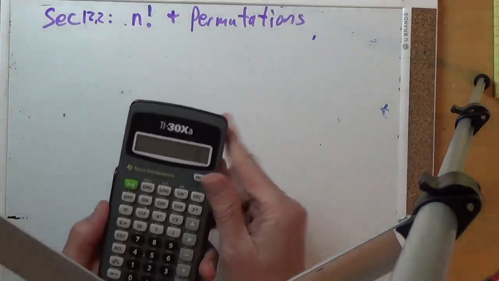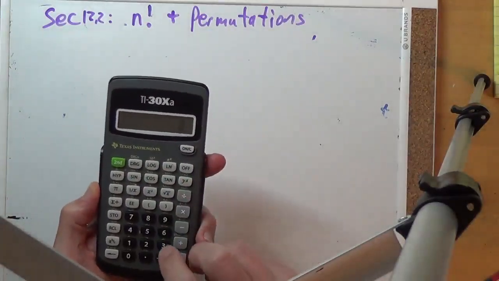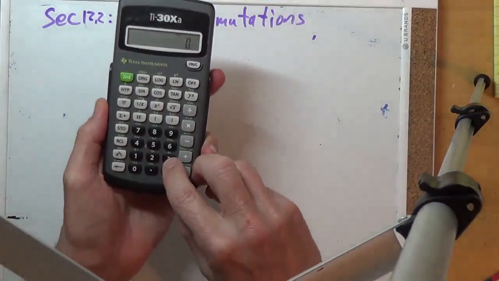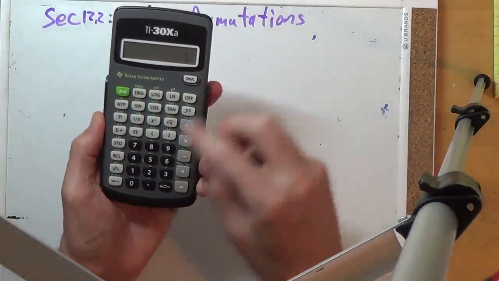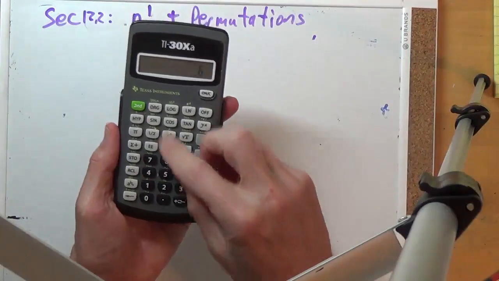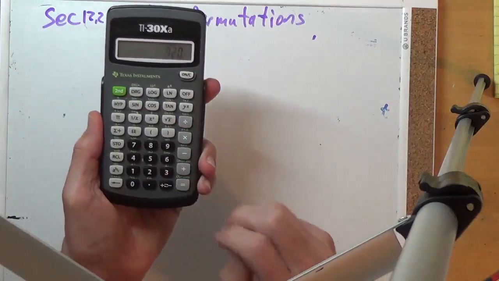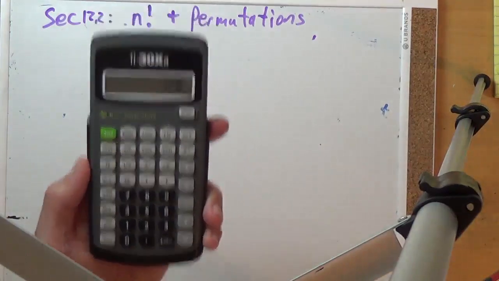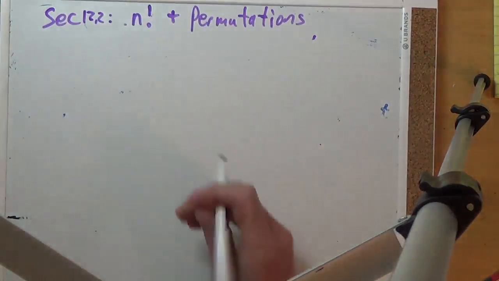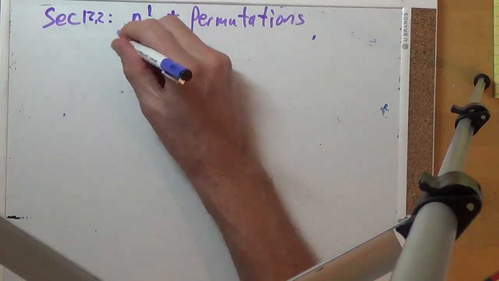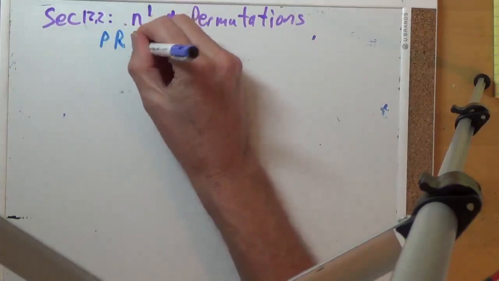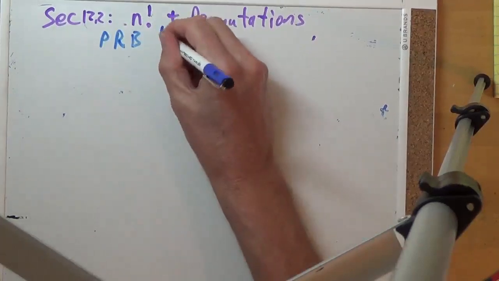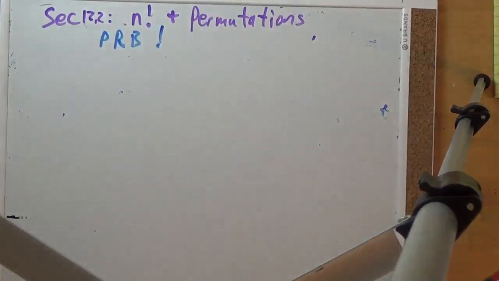Well, I'm not going to zoom in, but it's second function on the 3. So if I wanted to do 6 second function 3, there's 6 factorial, 720. Hope that showed up. Other people, look under your, remember that PRB button for probability? I think you'll find that as part of it.